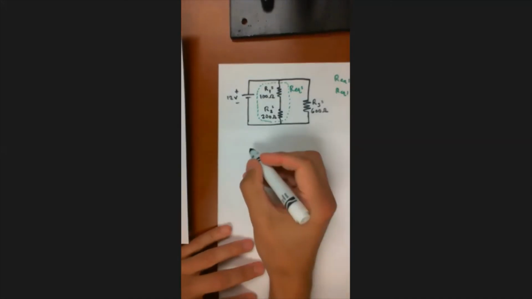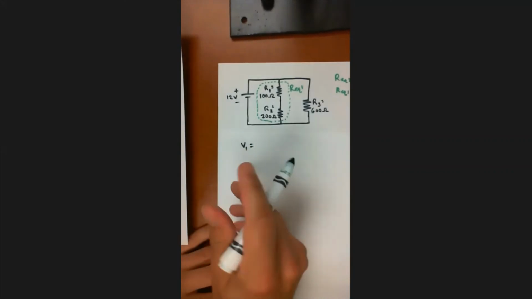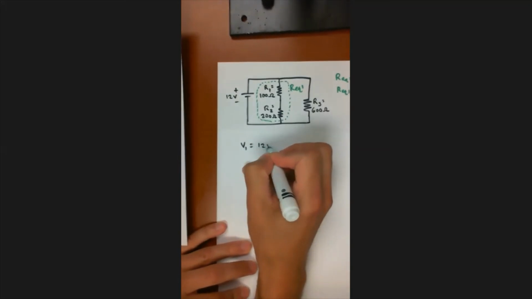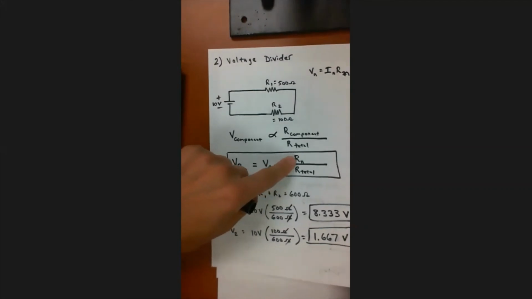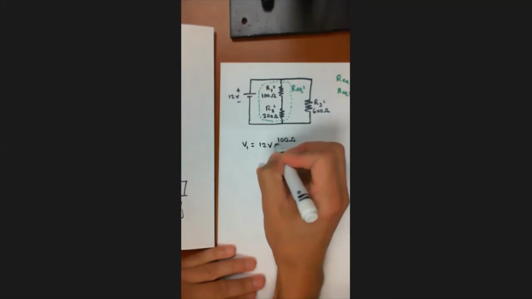Okay, so let's do it. V1 is equal to V total, which is the voltage drop across this branch, which is 12 volts, times the ratio of R1, which is 100 ohms, divided by R total.